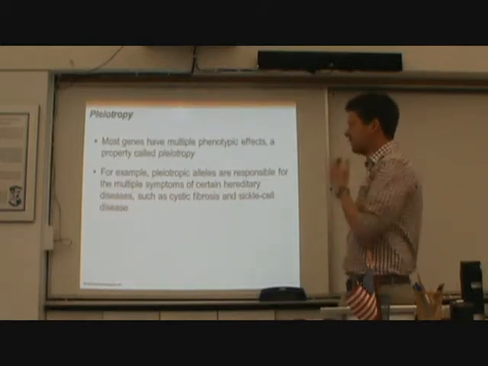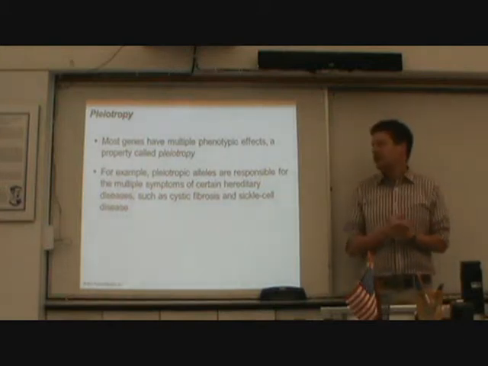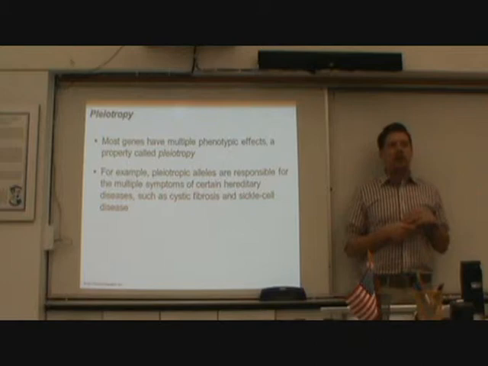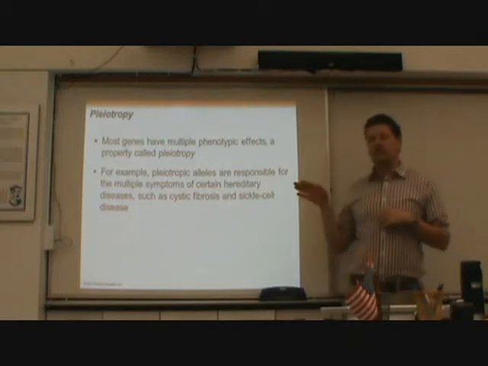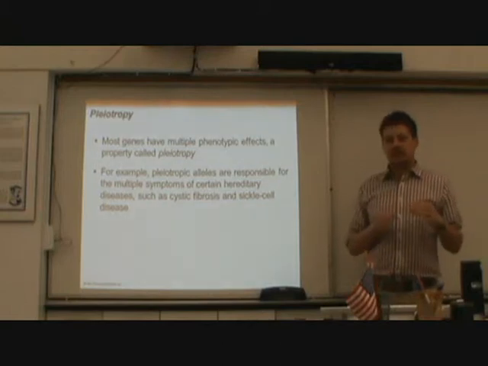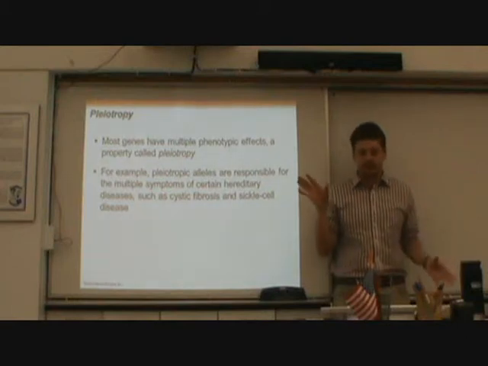All right. Okay, so another thing we're going to talk about is pleiotropy. Pleiotropy is when a single gene is going to have multiple phenotypic effects. So a single gene is going to affect more than just one character.